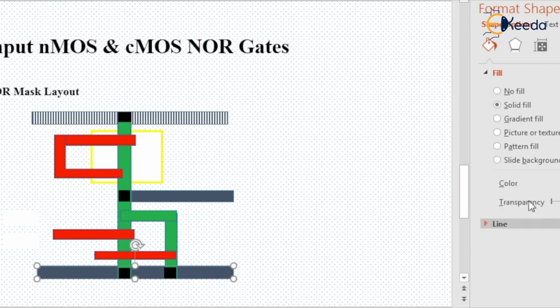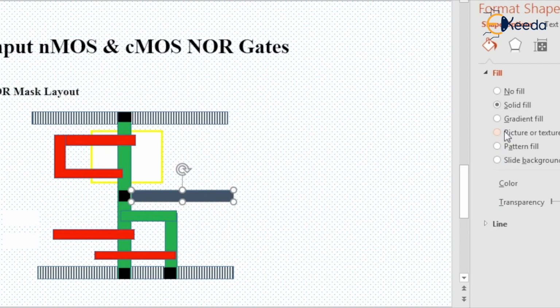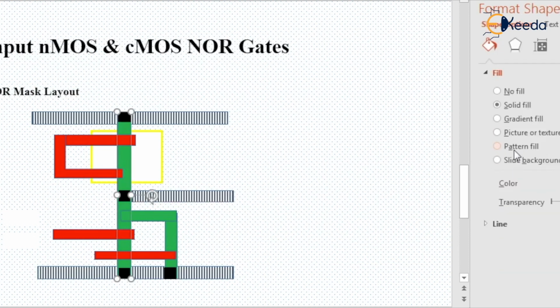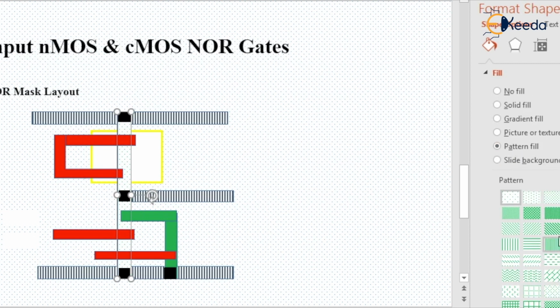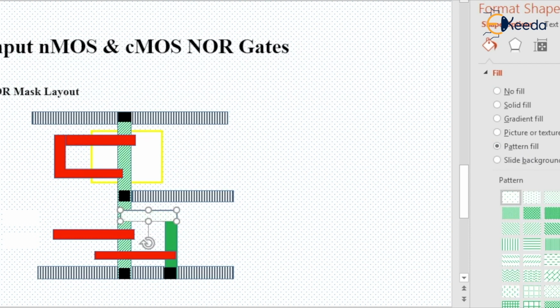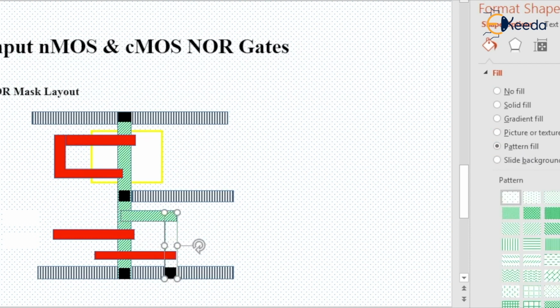So similarly here also metal is there. So metal mask encoding completed. And diffusion, ND encoding should be there. This is ND encoding. This is also ND encoding. Here this is also pattern filled with ND encoding.